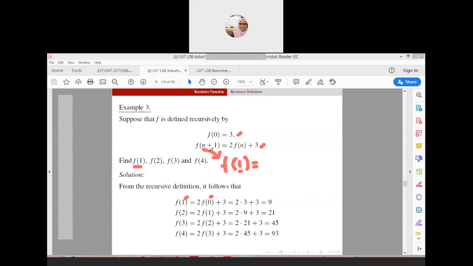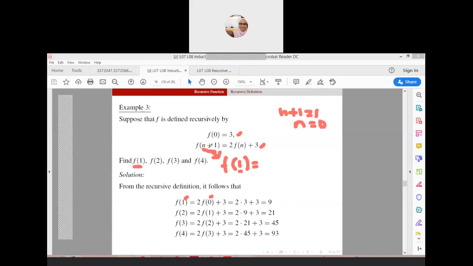And this is n plus 1. So n plus 1 is equal to 1, and then we want to find f(1). So now we know that our n here is 0.